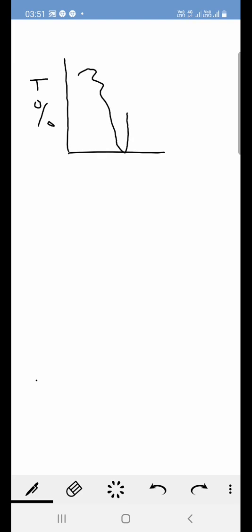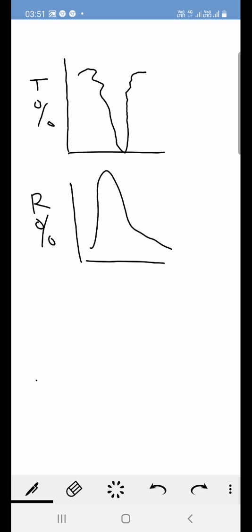Now if you take a plot of transmittance and reflectance with respect to wavelength, the transmittance percentage will show a certain dip like this, and if we take the reflectance percentage, it also will show a peak like this.